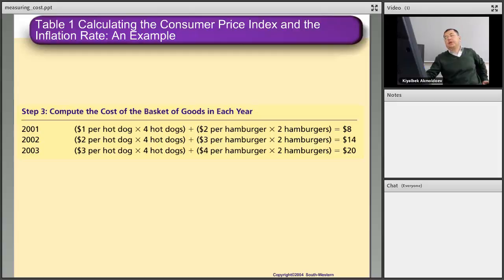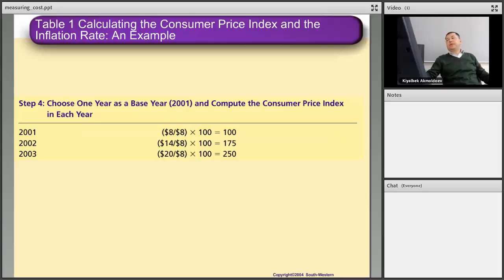By using the cost of the basket, next, step 4, we find the CPI. The Consumer Price Index equals the cost of the basket in the current year divided by the cost of the basket in the base year.